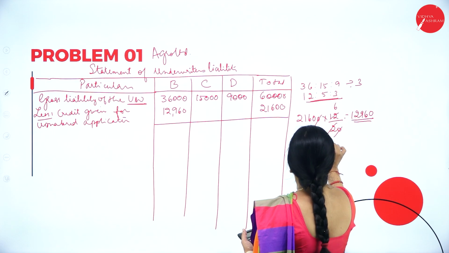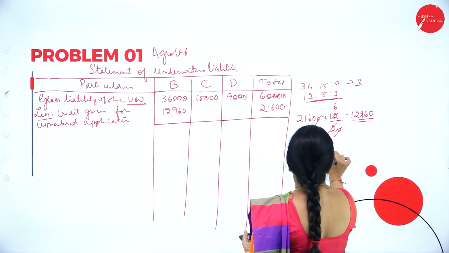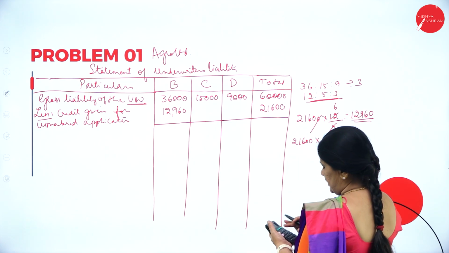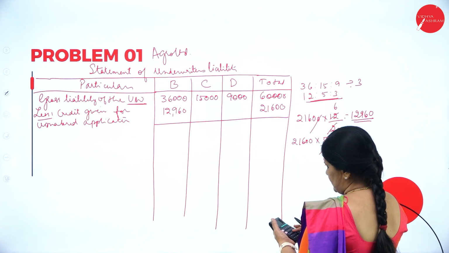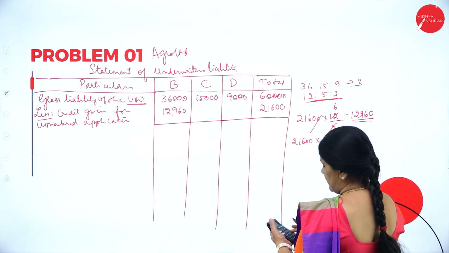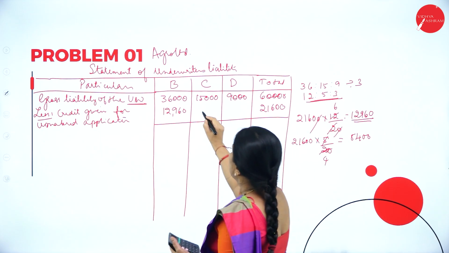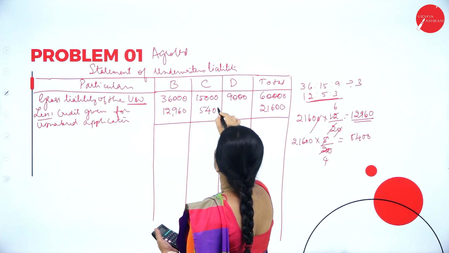Now for C, it will be 21,600 into 5 by 20. That is 5 fours, so it will be 21,600 divided by 4, which is 5,400. So I write here 5,400.